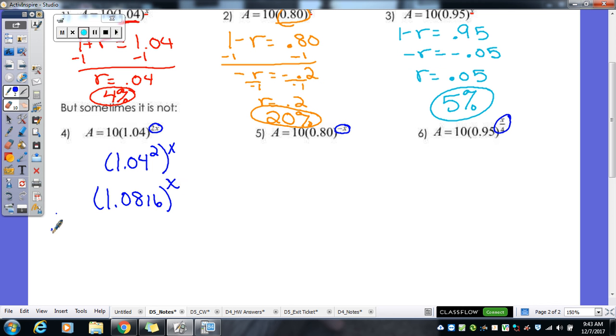Now, since it's just an exponent of x, we can figure out what our growth rate is. So growth would be 1 plus the rate. Subtract my 1. So what would that be as a percent? 8.16%.